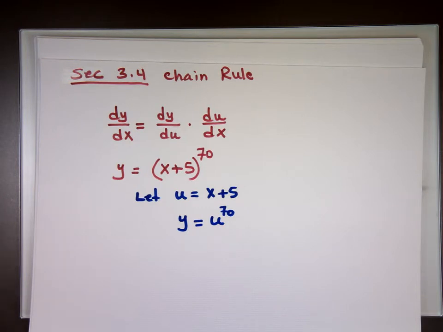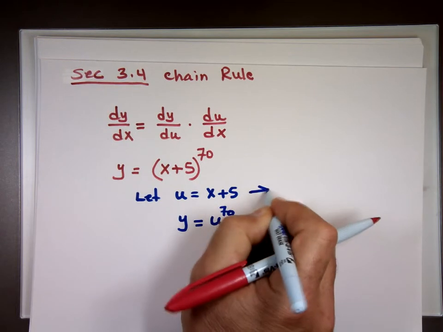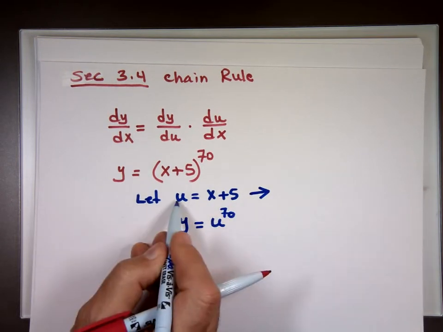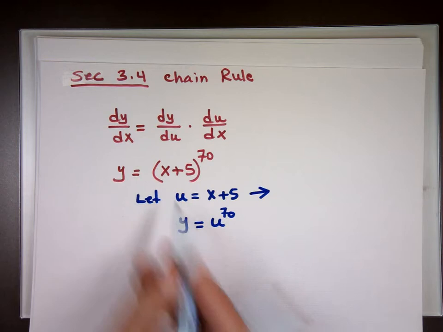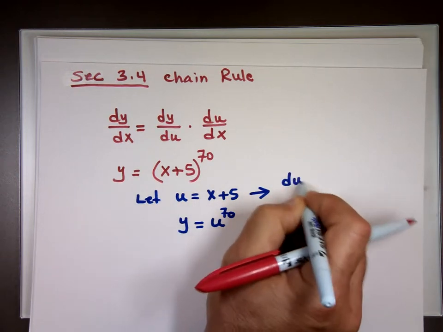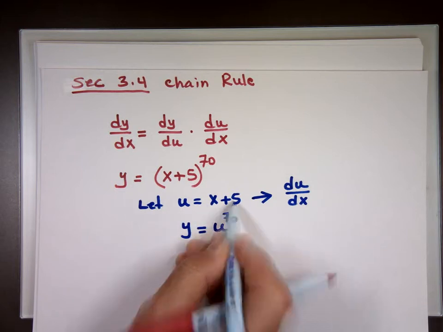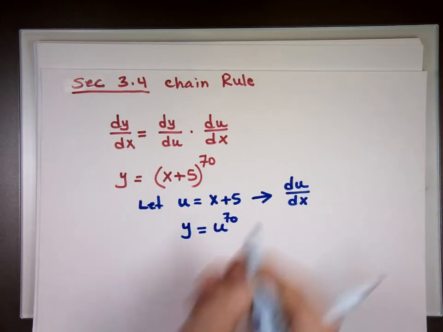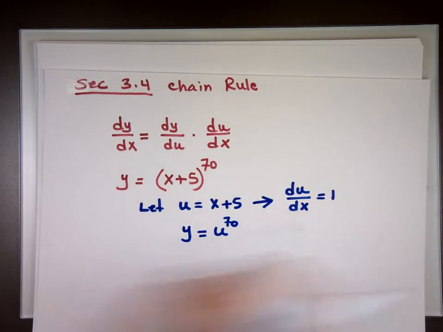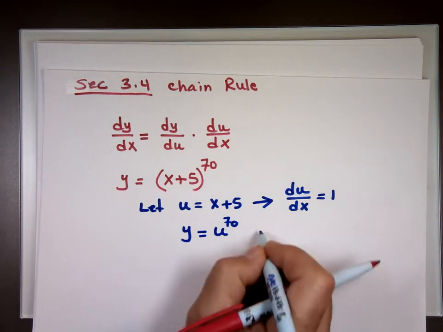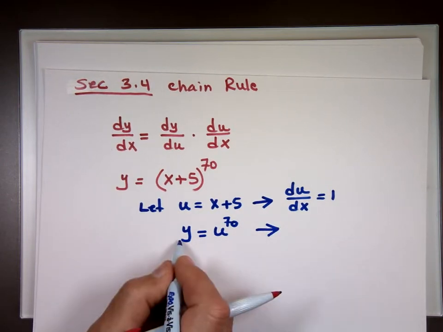Let's find the derivative of each one. Now the derivative of this will not be called dy/dx because the function on the left is u. This will be called du/dx. So what's the derivative of this one? 1. And the derivative of this will be called what?